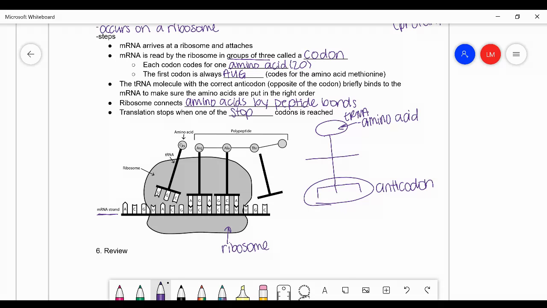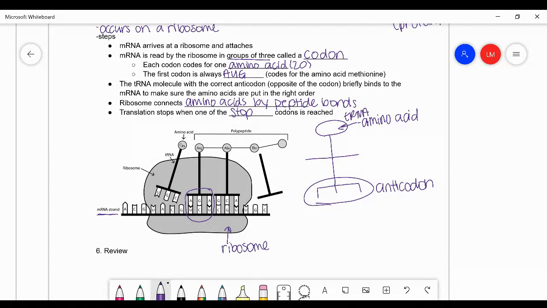And so you can see it matches up. Here is our codon and anticodon that are touching, but it briefly matches up so that the ribosome can make sure that all the amino acids are together in the right order. Proteins are seriously picky, and if we do have a wrong amino acid in there, that can make a pretty serious difference.